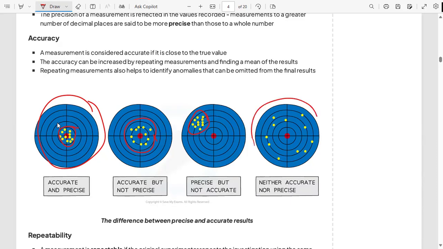Whilst if it's the last diagram, you can see that they are far apart from the bull's eye, and they are also far apart from each other. There's no relationship whatsoever between these guys. So we're going to say this is due to random errors. There's something that leads you to shoot your shot there, and there, hence having results that are very imprecise.